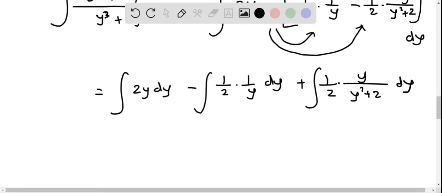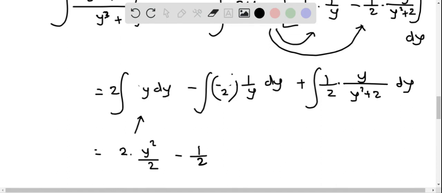So we split this as a sum of three integrals. Now let's integrate term by term. The integral of 2y, we can factor the 2, so I'm going to write this 2 out of this integral. We then have to integrate only y. The integral of y, according to the power rule, is y squared by 2. We can also factor this half out of the integral, so we will have only 1 over y dy. We put this half in front.